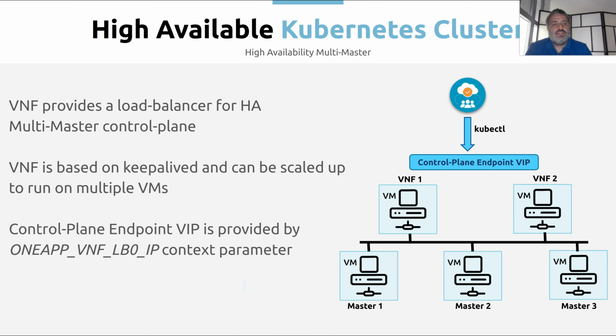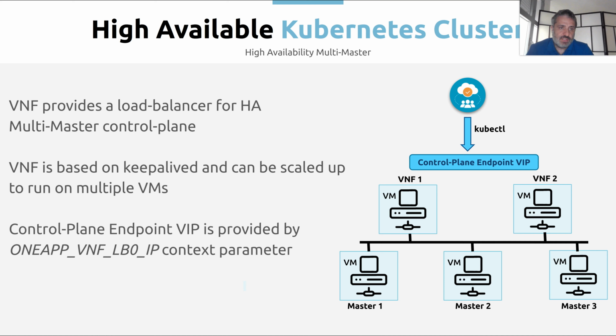We can define this control plane endpoint virtual IP, and so the user with kubectl will just connect to the API server that is available through this virtual IP that is exposed by the VNF nodes. Clearly, in order to not have a single point of failure on the VNF, we can have multiple VNFs that are based on keepalived.